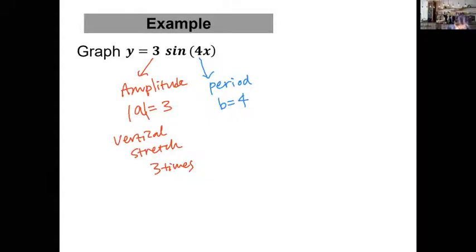So the numerator is always 2 pi, and now we put 4 under there. Then this is pi over 2 when it gets reduced. That means the new period is pi over 2. That means we horizontally squeeze the original sine function within pi over 2.